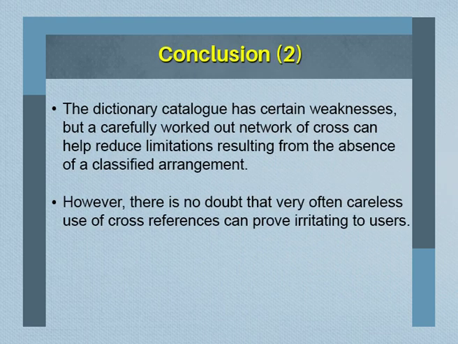So, the dictionary catalog has certain weaknesses, but a carefully worked out network of cross references can help reduce limitations resulting from the absence of a classified arrangement. However, there is no doubt that very often careless use of cross references can prove irritating to the users.